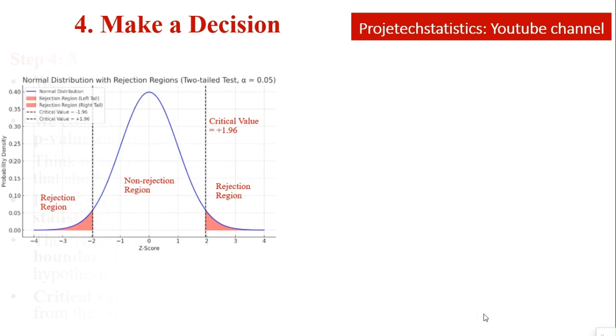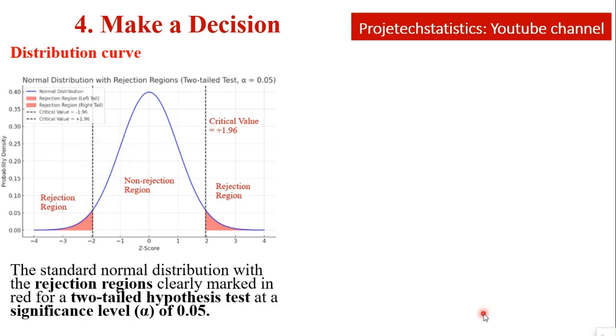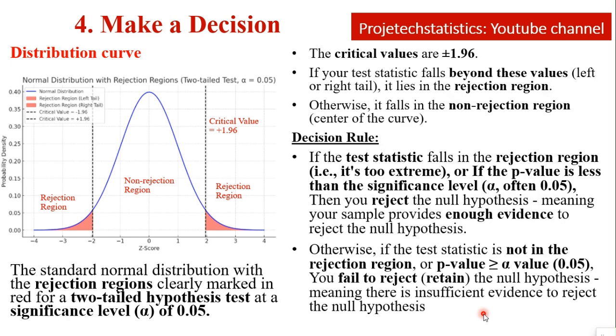Now look at it here from the diagram. I have the distribution curve here. As you can see, for the rejection region we have plus or minus. On the minus side, we have minus 1.96, and on this side, plus 1.96.